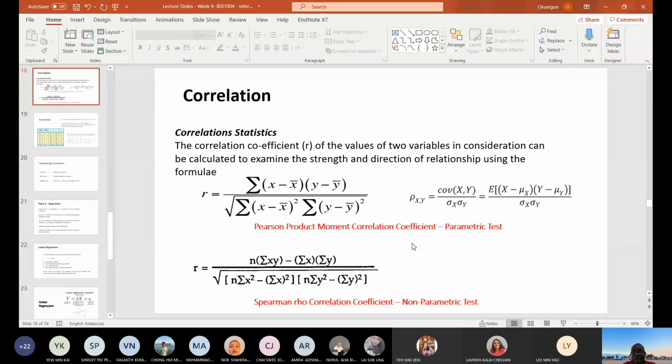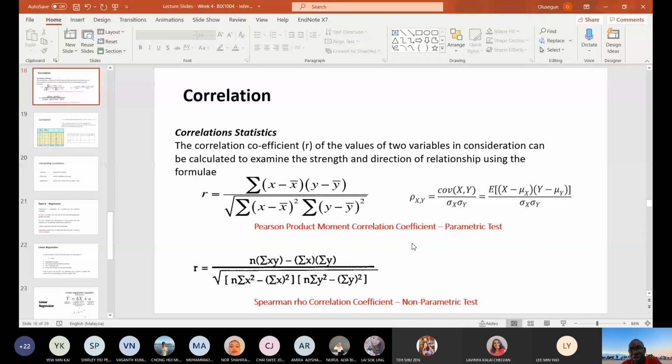For example, if you have collected data where you have to rank the responses, maybe a level of agreement. I'm sure you have been filling in questionnaires that indicate your level of agreement: strongly agree, agree, undecided, disagree, strongly disagree.